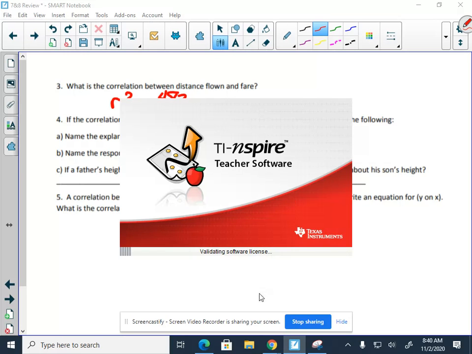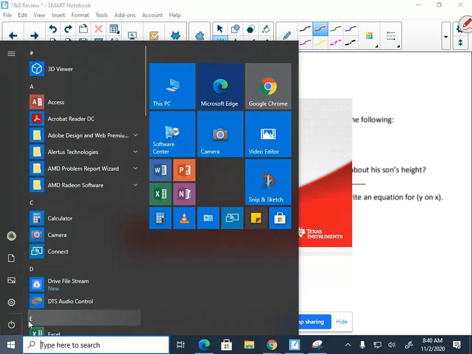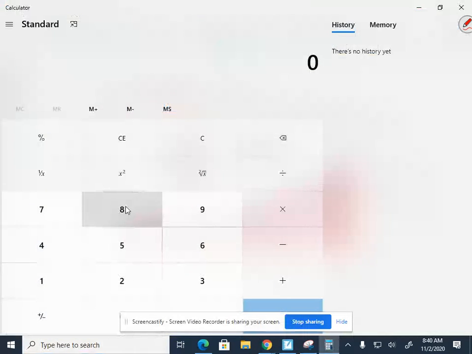So take the square root. I'm just going to use the other calculator because this one takes a little longer. Take 0.482 and take the square root of it.